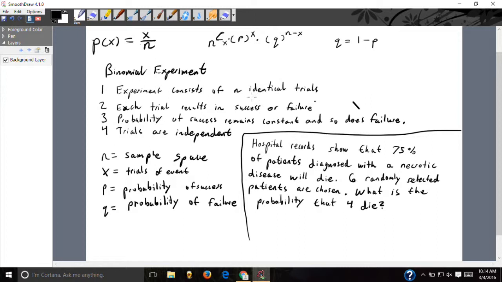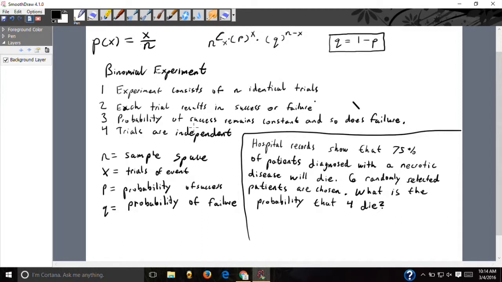Each trial results in a success or failure. The probability of success remains constant, and so does the failure. And also that the rate of failure is denoted as Q and is the complement of the probability of success. And the trials are independent of each other, which means they have nothing to do with each other.